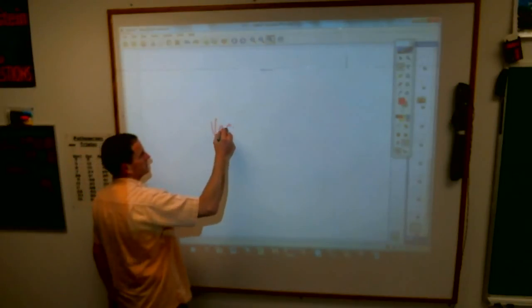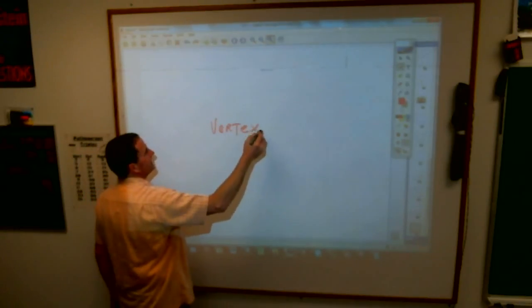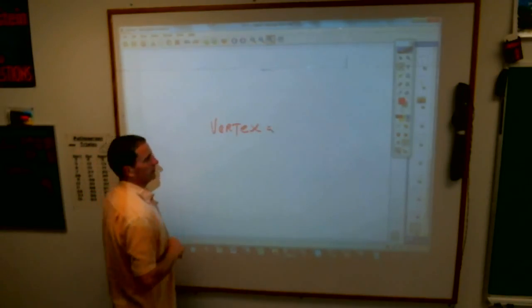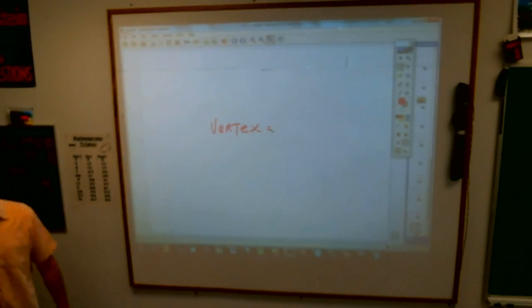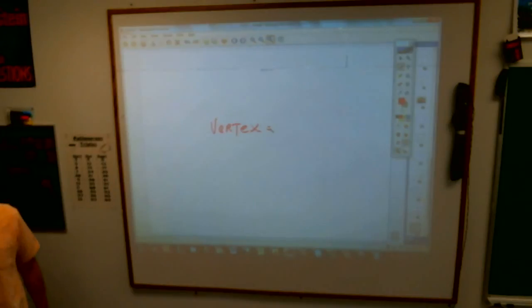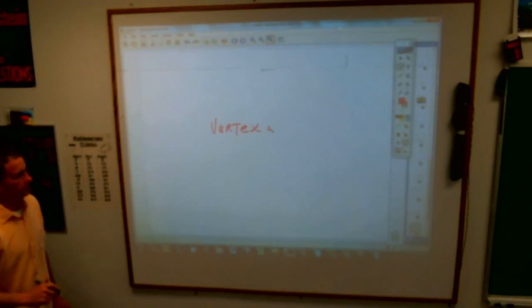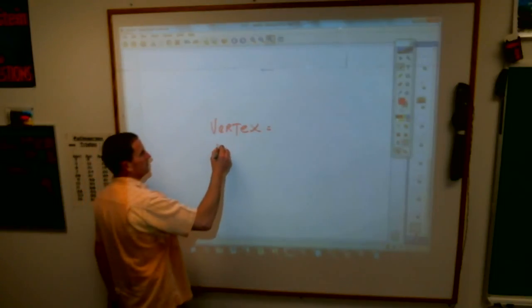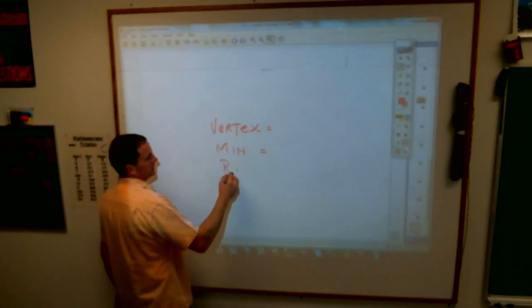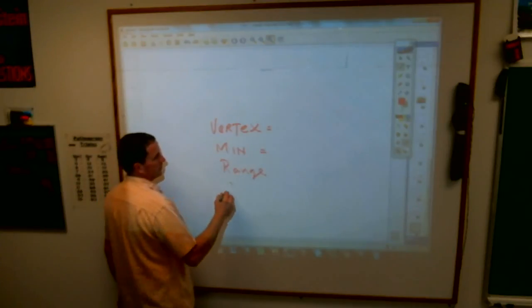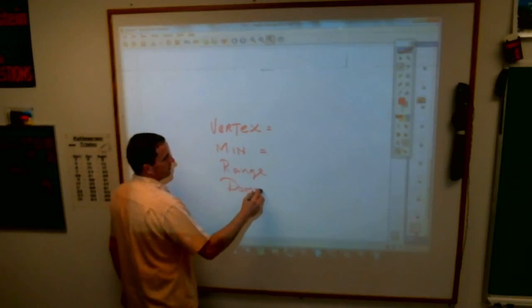What is the vertex? You write down what you think the coordinates for the vertex are. I want to see how many people get this right. Then, does letter D have a max or a min? Then tell me what the min is, what its range is, and what its domain is.